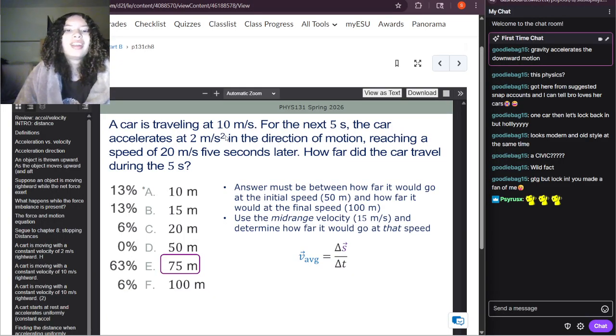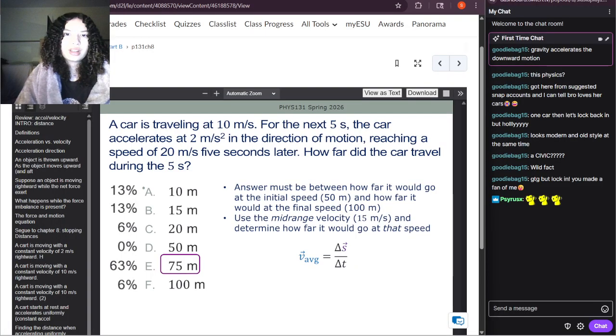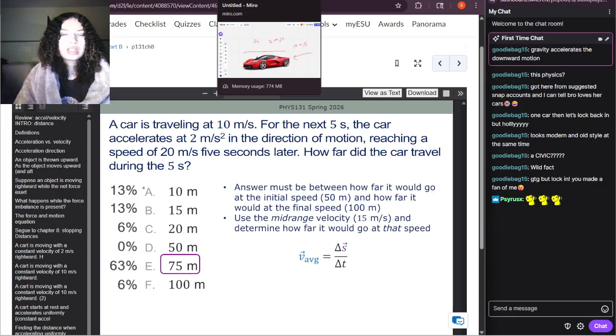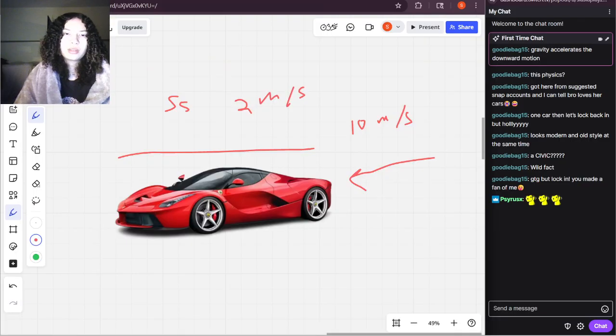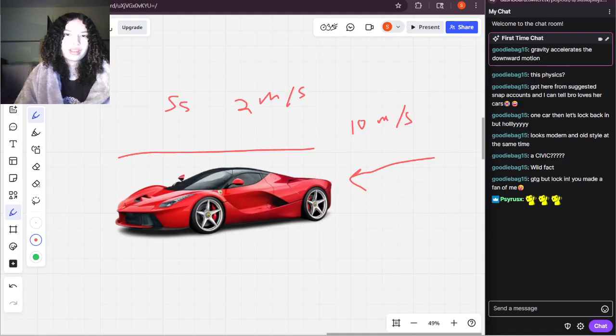Oh wait, yeah, that's just a unit that they use with acceleration. For 5 seconds, it accelerates 2 meters a second in the direction of motion, reaching a speed of 20 meters per second 5 seconds later. How far did the car travel during the 5 seconds?